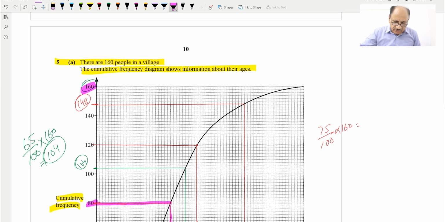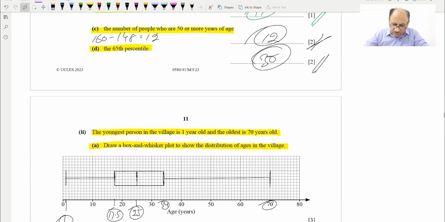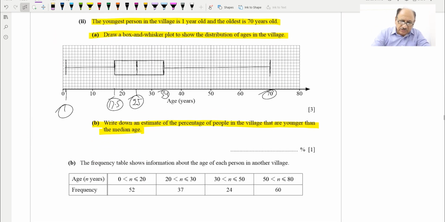So we can write 80 over 160, so it will be 50%. So 80 over 160 times 100, and this one we can cancel. 80 is half of 160, so we can write 50% like this. So this is for 1 mark.